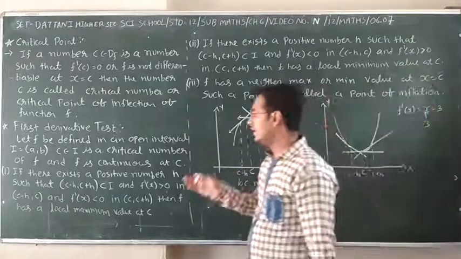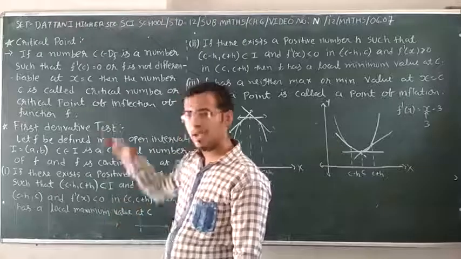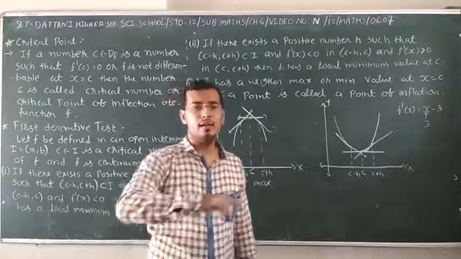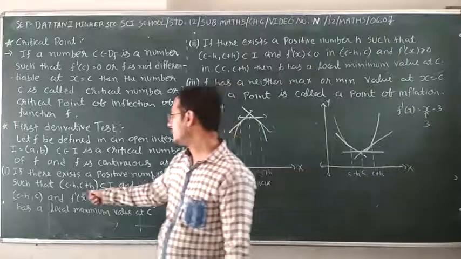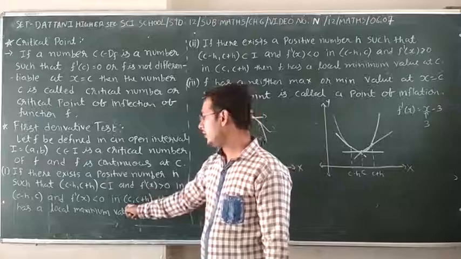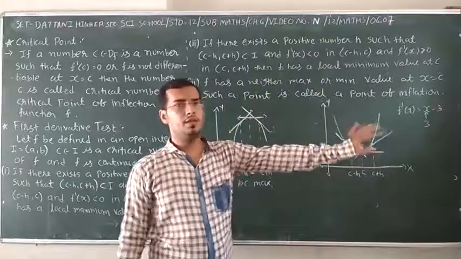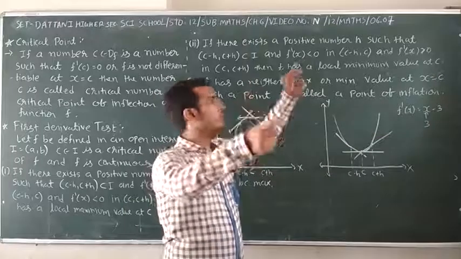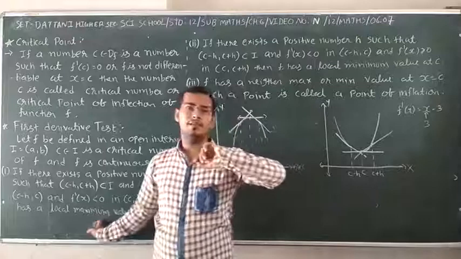In the first case, the local maximum is plus to minus: f dash x is greater than 0, then after that less than 0. Here it is minus to plus. If minus to plus, then local minimum; if plus to minus, then local maximum.